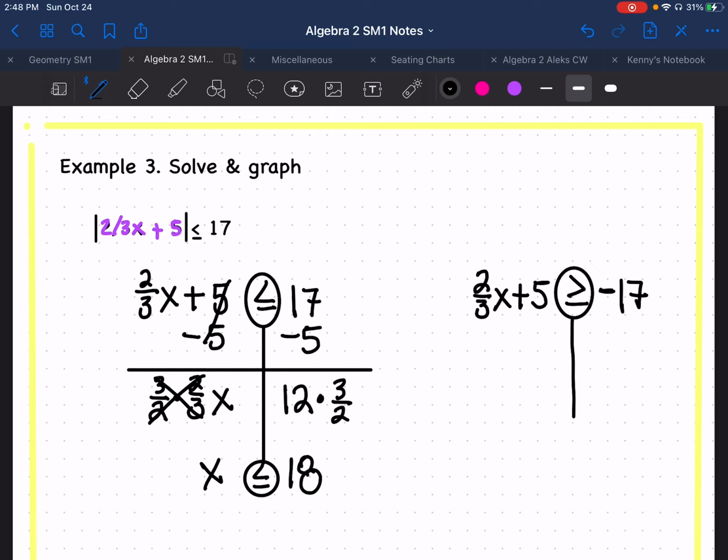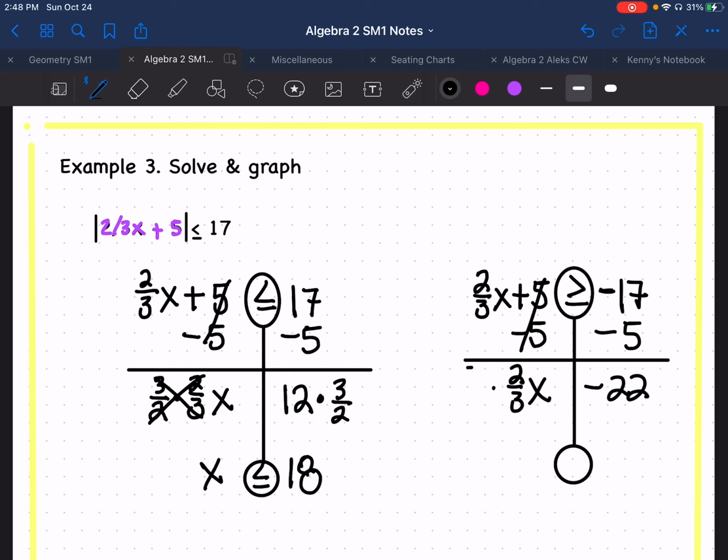Remember, the only thing that's going to change is that I'm going to have a different value when I subtract the 5 and when I multiply by the 3 over 2. So negative 17 minus 5 is going to be negative 22.